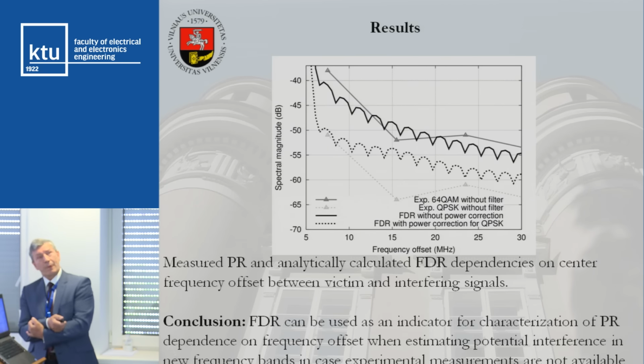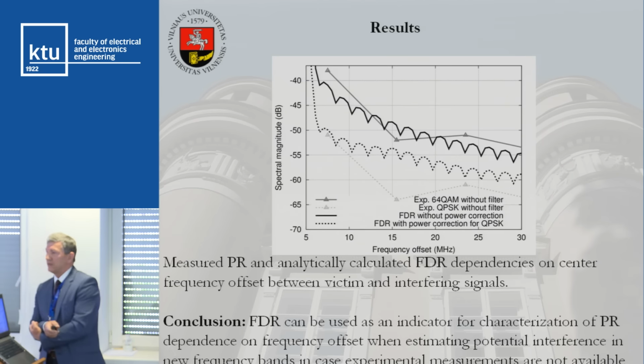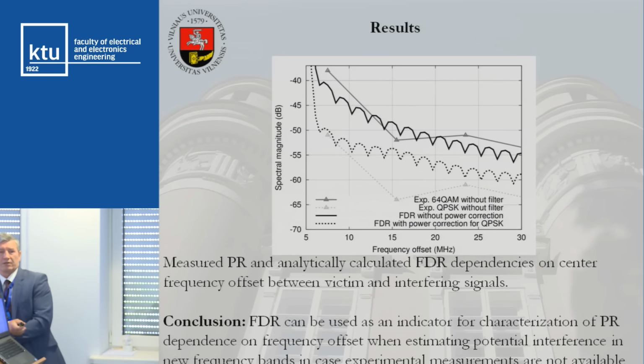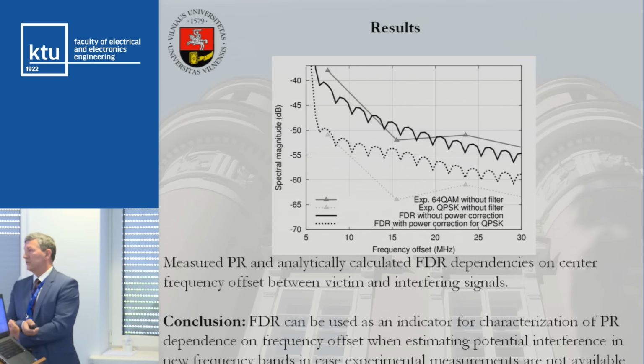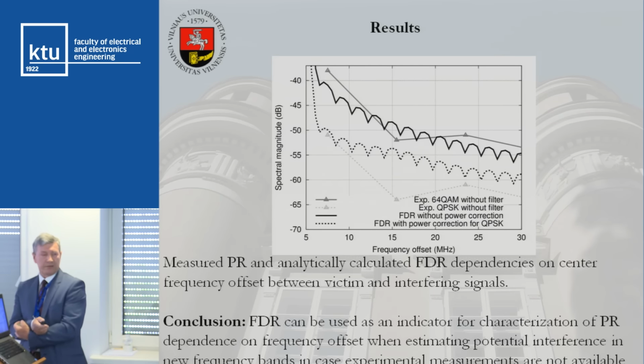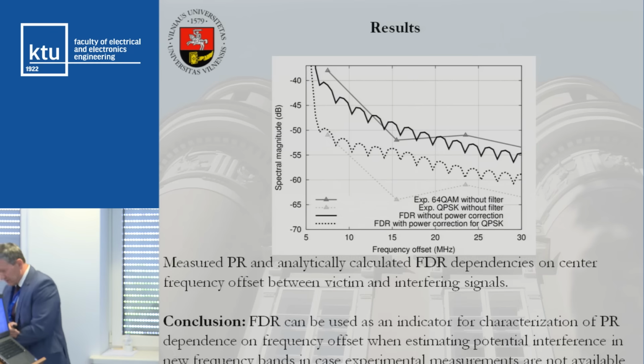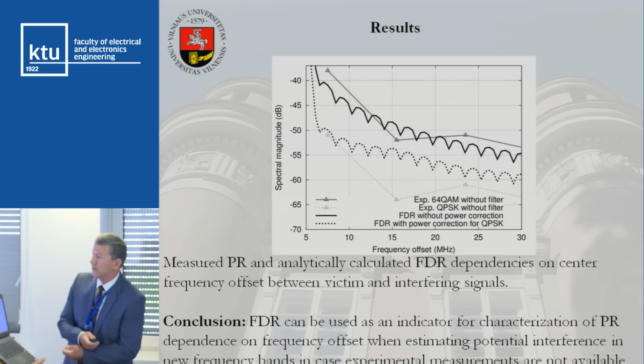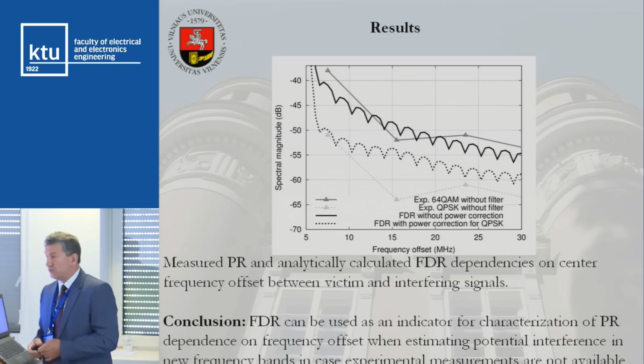So in this case, we suppose that the FDR function could be used as an indicator for characterization of protection ratio dependencies on frequency offset when estimating potential interference in UHF frequency bands when practical experimental data are not available.